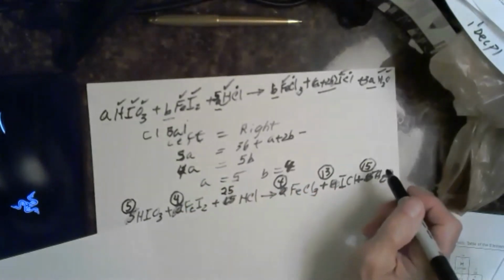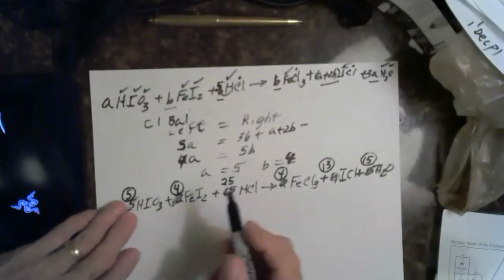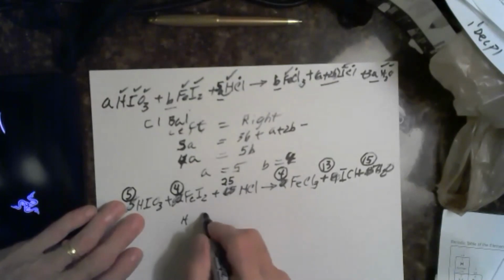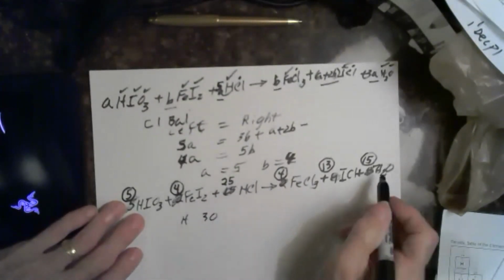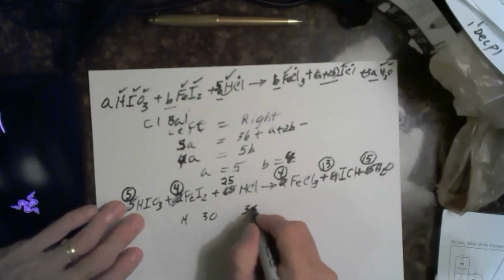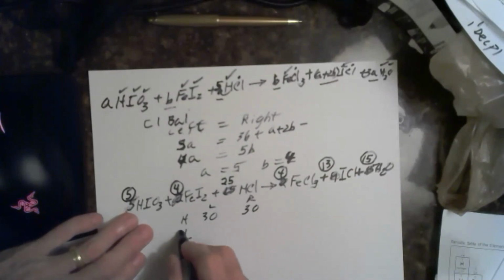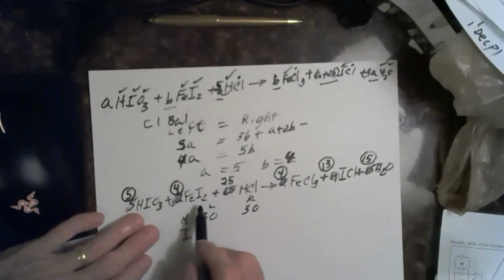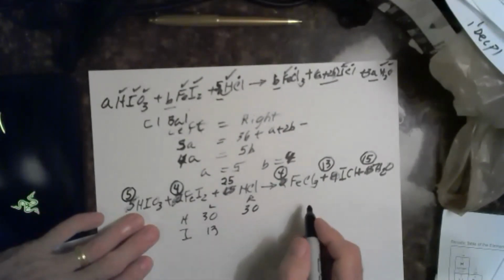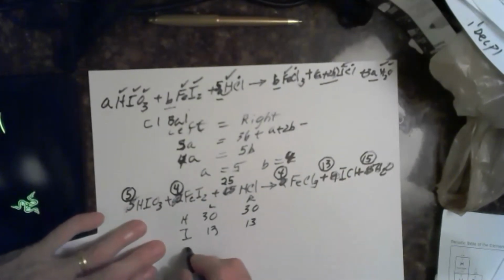Okay, that's right. Now let's double check and see if we're right. For hydrogen, I've got 5 hydrogens and 25 hydrogens, so 30 on the left, and I've got 2 times 15 is 30 on the right. Iodine, on the left, I've got 5 from here and 8, so 13 on the left, and I've got 13 on the right.